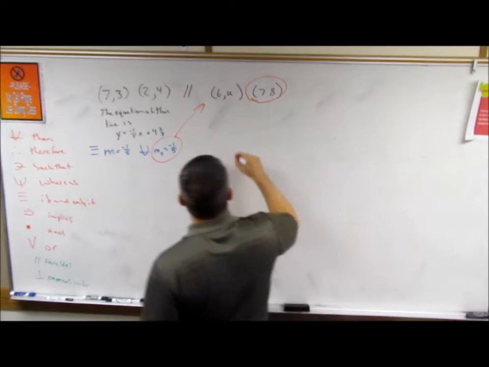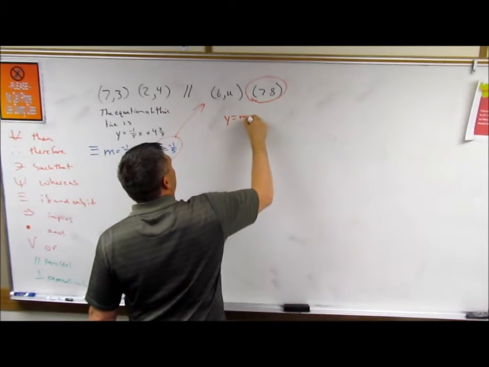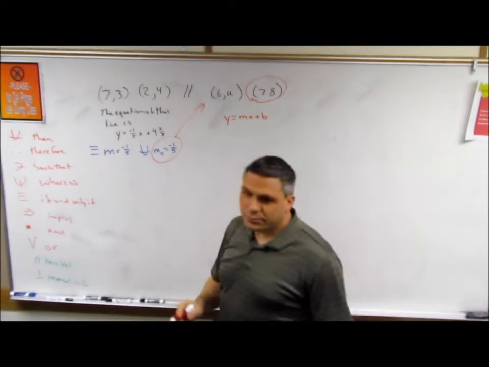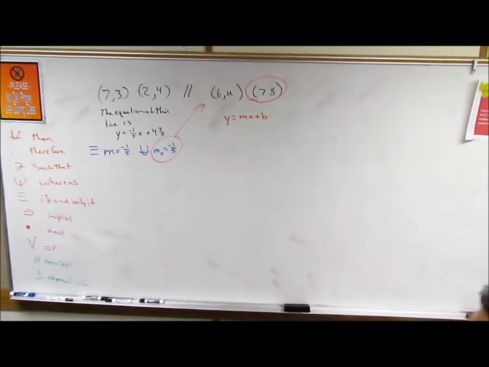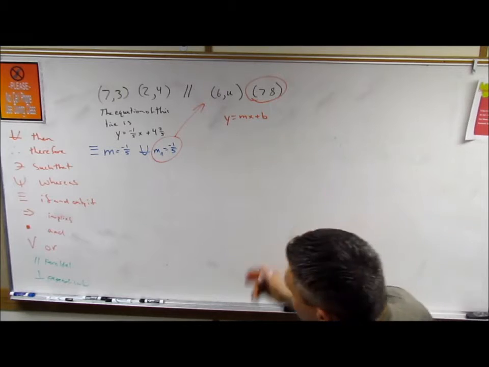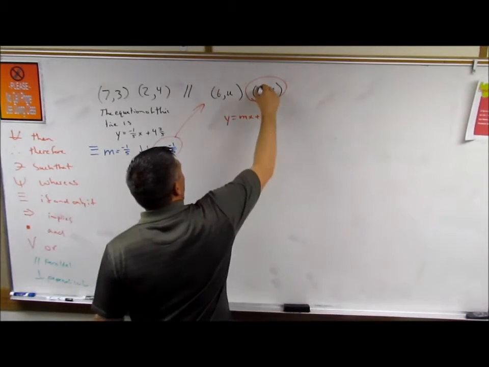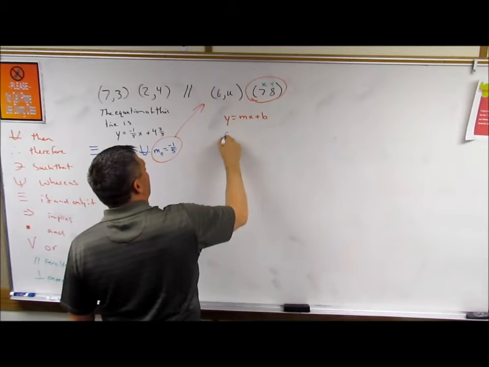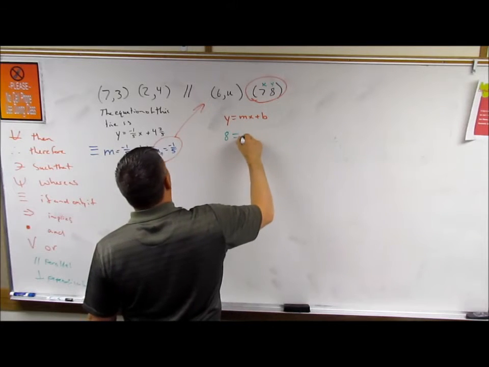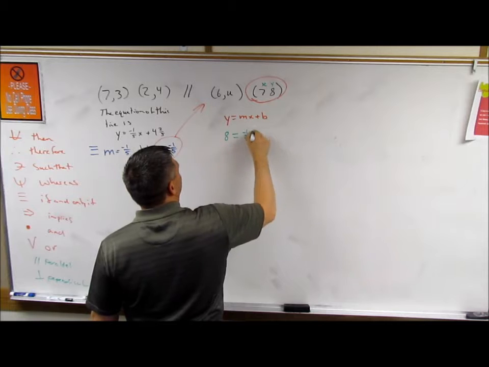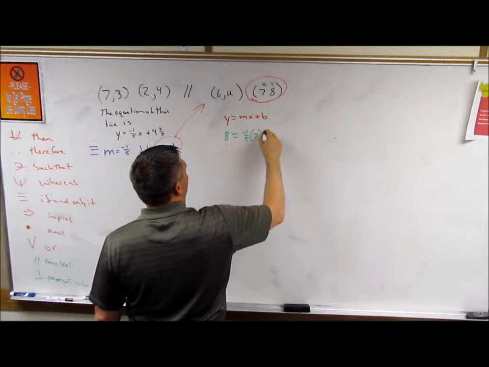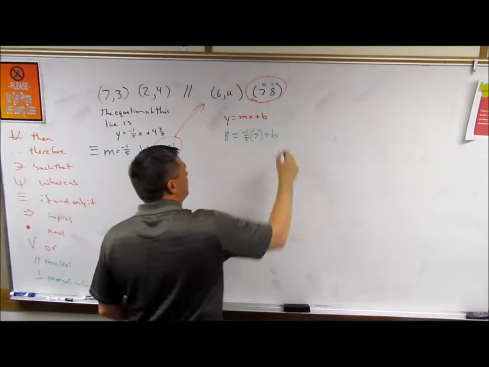I know that y equals mx plus b. Okay? So I plug it in. That's the whole thing. So now I've got x and y. So I've got 8 equals negative 1/5 x, which is 7, plus b.